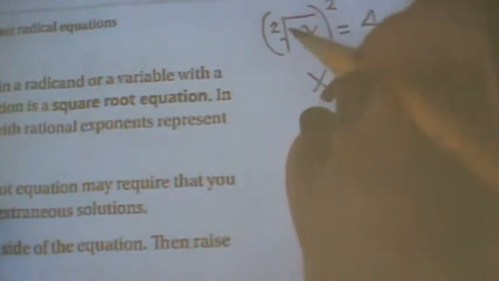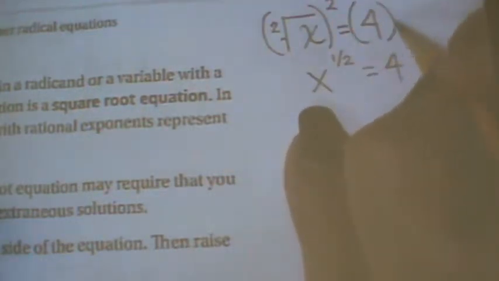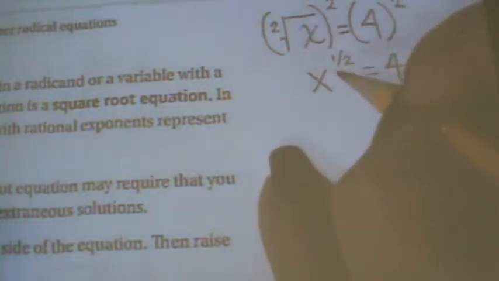So if you squared both sides, you could get this radical out of the way. Well, what if it was a cube root? How many of a kind are we looking for? 3. We would have to raise both sides to the 3rd power. So if I had a 4 here, I would do that.